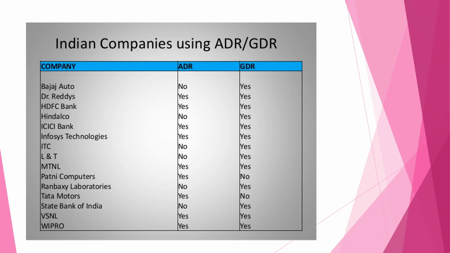Patni Computers has issued only ADRs but no GDRs. Ranbaxy Laboratories has issued only GDRs. Tata Motors has issued only American Depository Receipt but has no Global Depository Receipt investments. State Bank of India has issued only GDR. BSNL has issued both ADR and GDR, whereas Wipro has also issued both ADR and GDR.